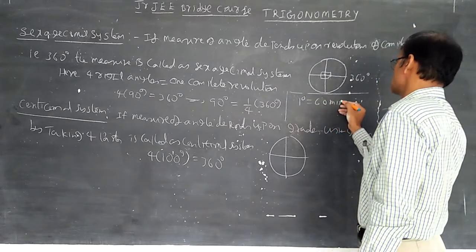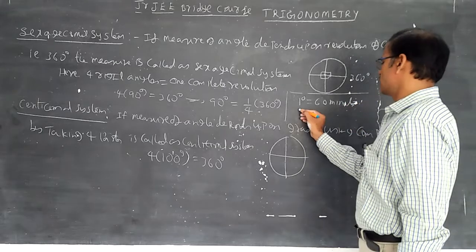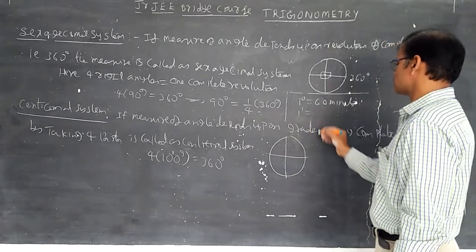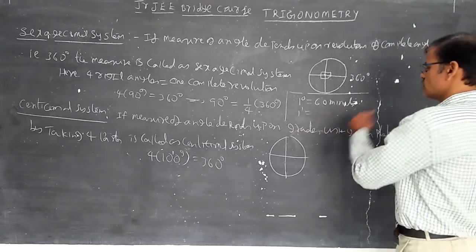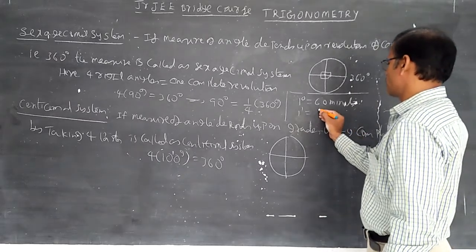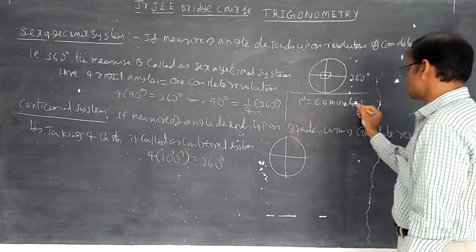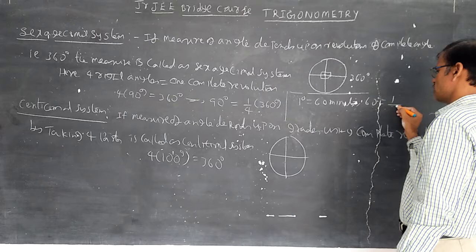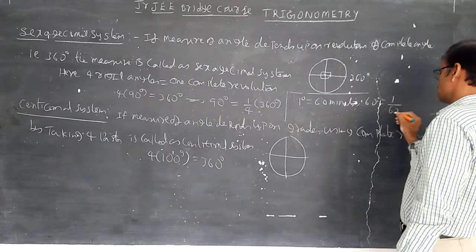That is the sexagesimal system. 1 degree is equal to 60 minutes, and 1 minute is equal to 60 seconds.